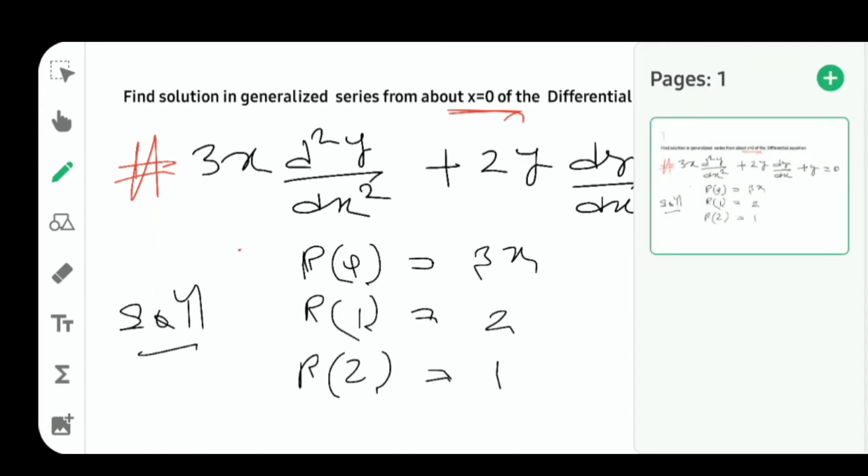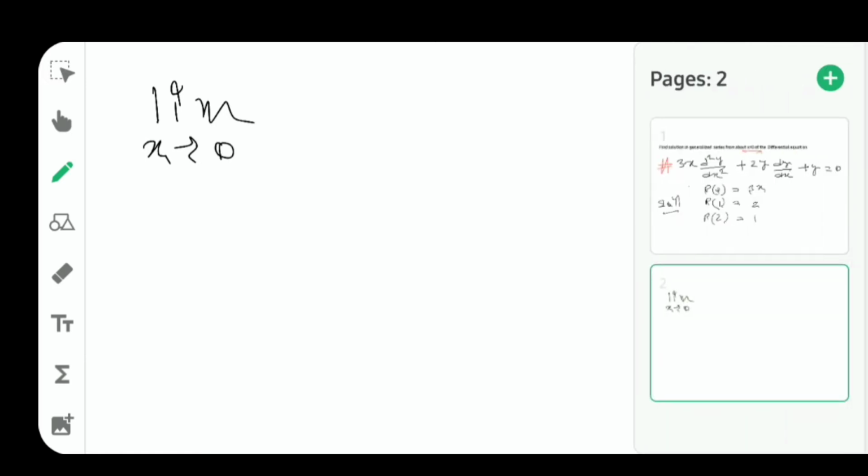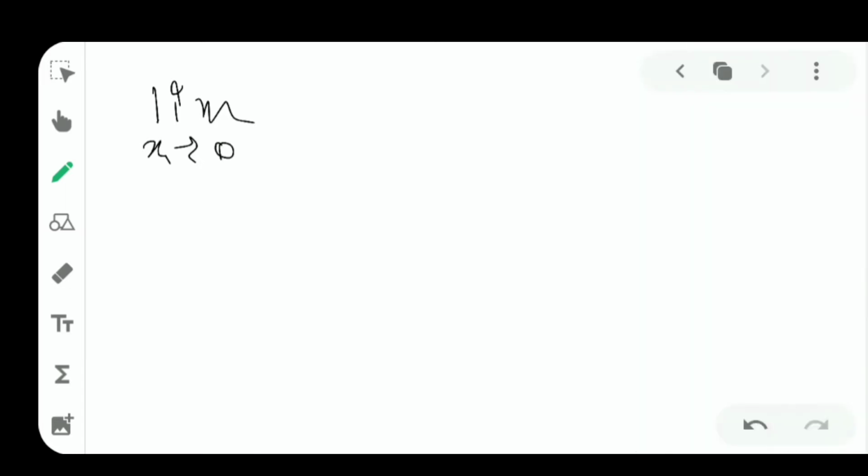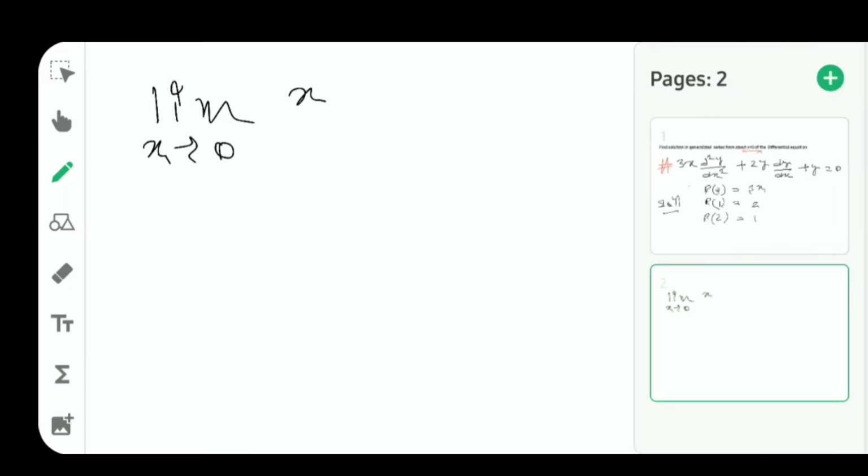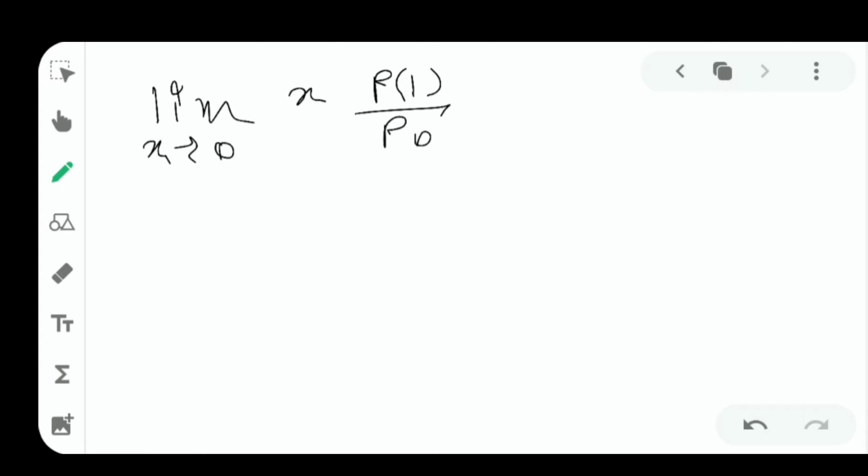So we consider the limit as x tends to 0 of x times p1 divided by p0, and another limit as x tends to 0 of x squared times p2 divided by p0.